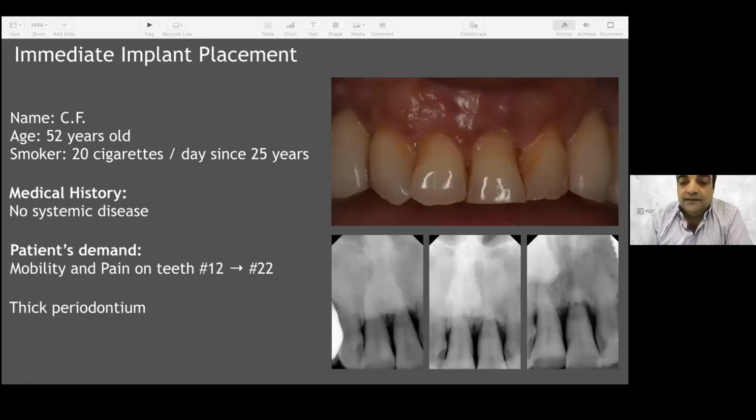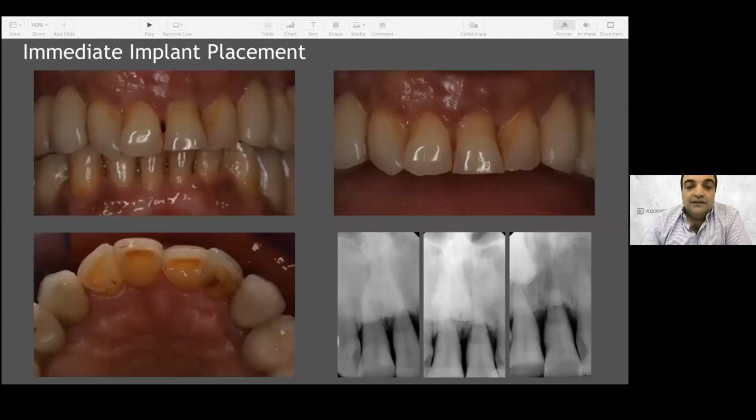Another case: a patient came with 4 upper anterior teeth with severe bone resorption and mobility. For sure we are going to do our initial therapy first.